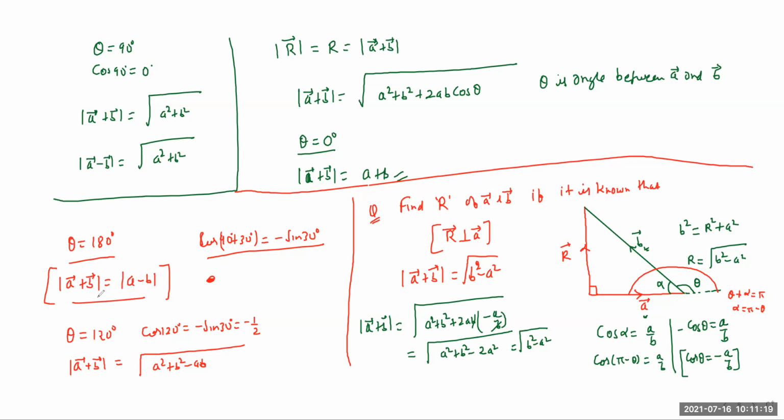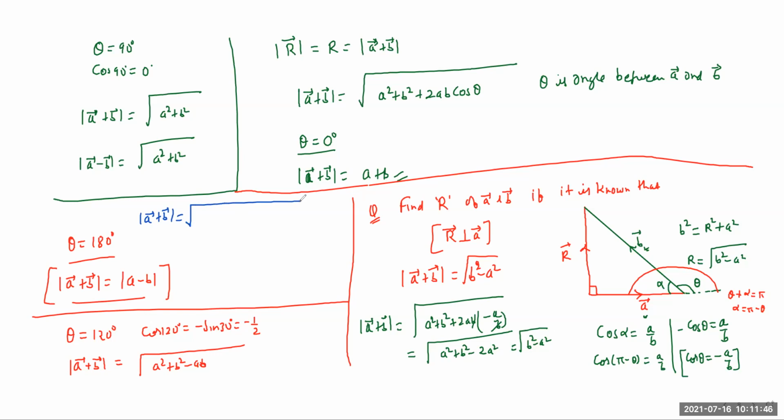Okay. This is the answer if theta is 180 degrees. If you apply the formula, what do you get here? Let me write it down. This is a separate question. If theta is 270, then you know what to do. Just substitute the value, and cos 270 is again 0.